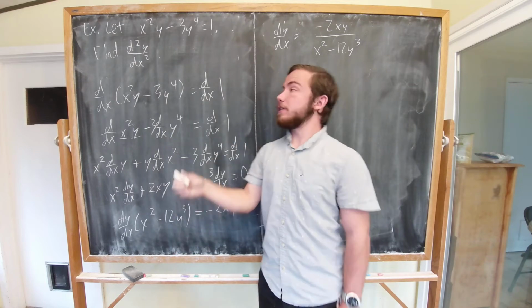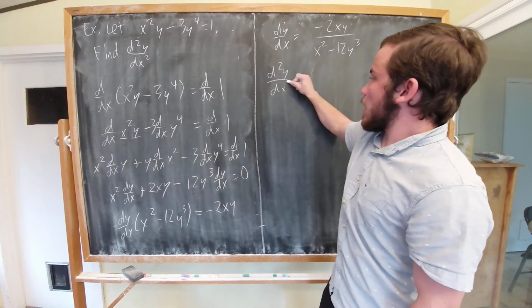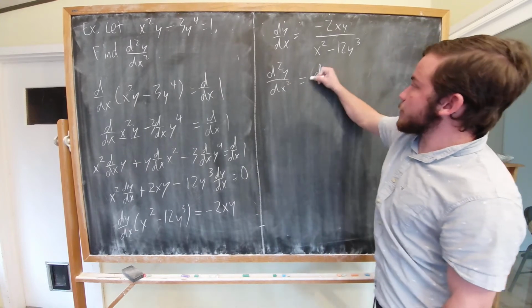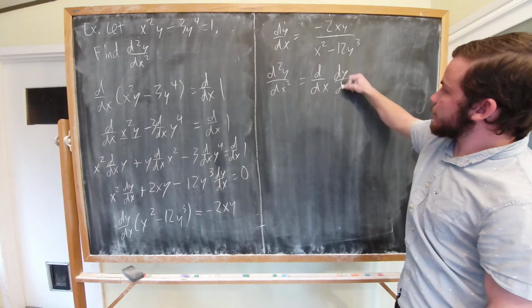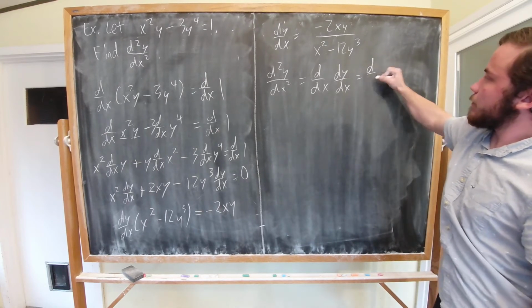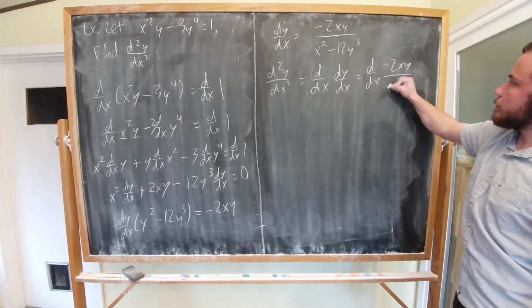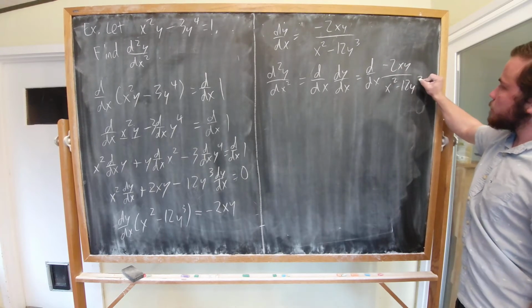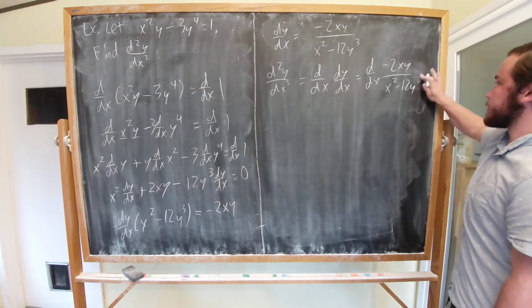Well, the second derivative is merely the derivative with respect to x of the first derivative. So we just use our implicit differentiation technique once more.